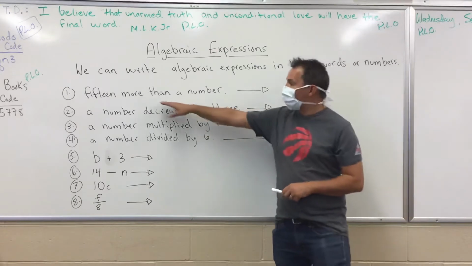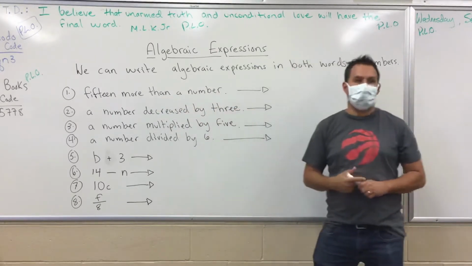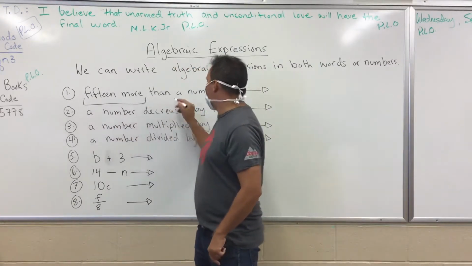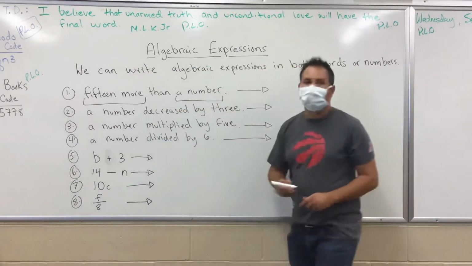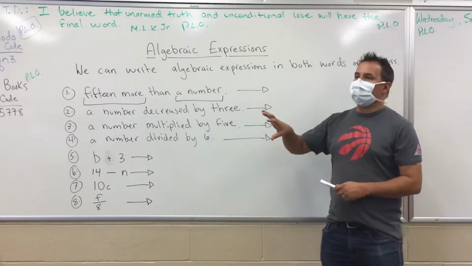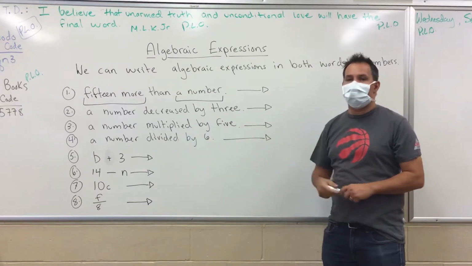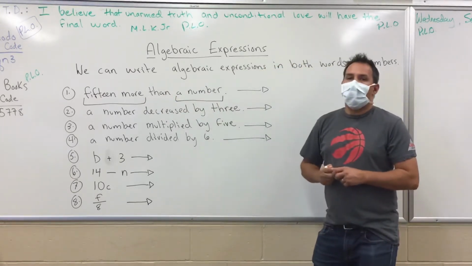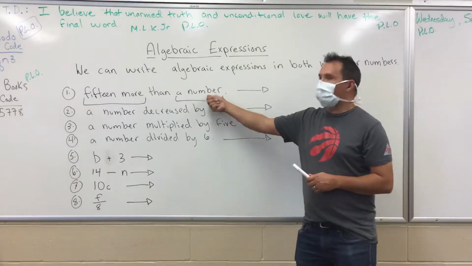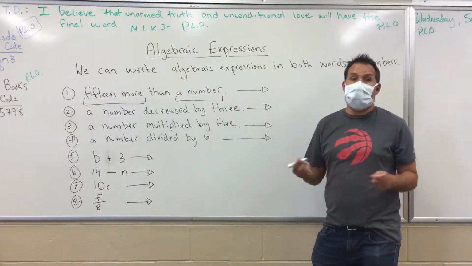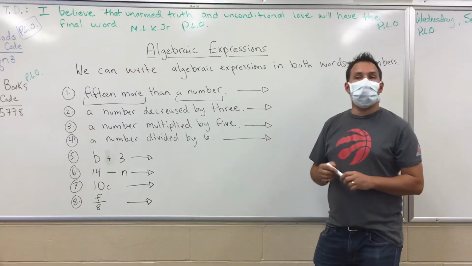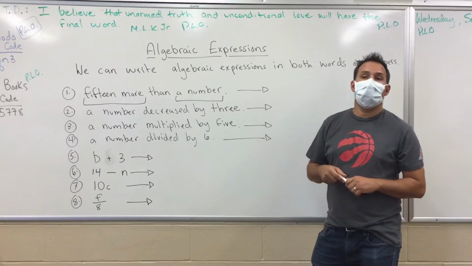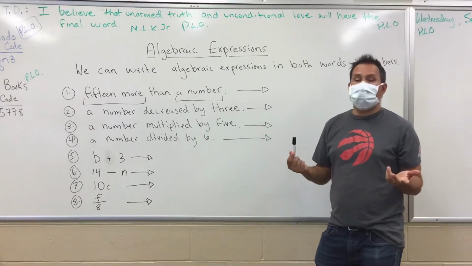If we look at this first one, 15 more than a number, 2 things really stand out: 15 more and a number. When we convert this from words into a number equation, these are the 2 parts we break down. How do we represent a number? This could be any number. We can put any kind of letter in there.